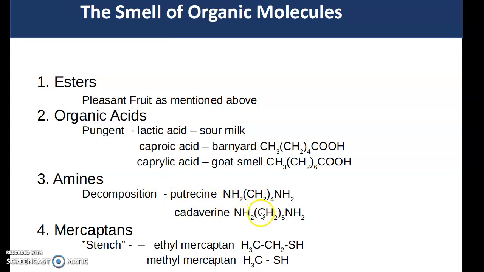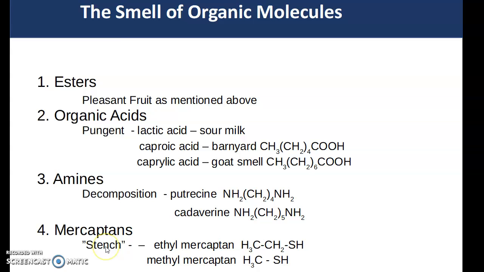This one right here, they named cadaverine. The scientific name is 1,5-diaminopentane. But the more appropriate name, and if you are involved in working with body recoveries or decomposing animals of any type, these will be the smells that you will have, and they will be with you forever.